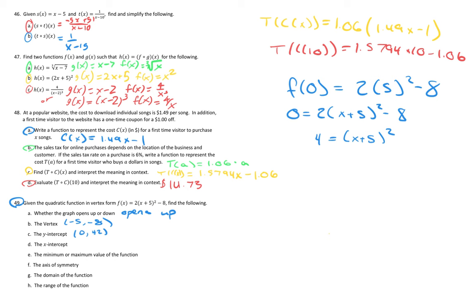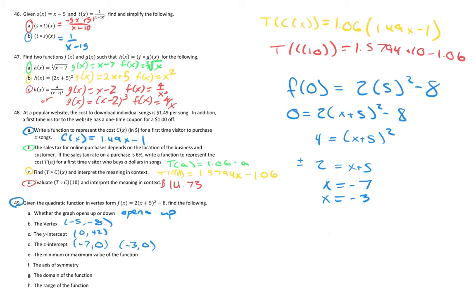Then we take the square root, and we get plus or minus 2 equals x plus 5. Whenever you take the square root, you have to include a positive and a negative version. From here we have two cases: one where x equals -7, and one where x equals -3. So we have two x-intercepts: (-7, 0) and (-3, 0).